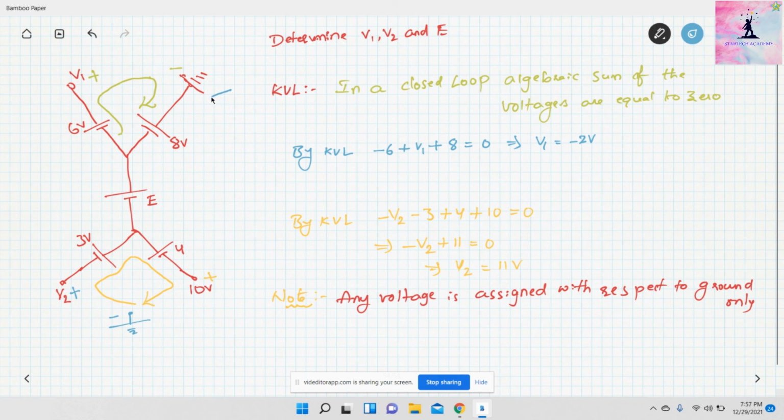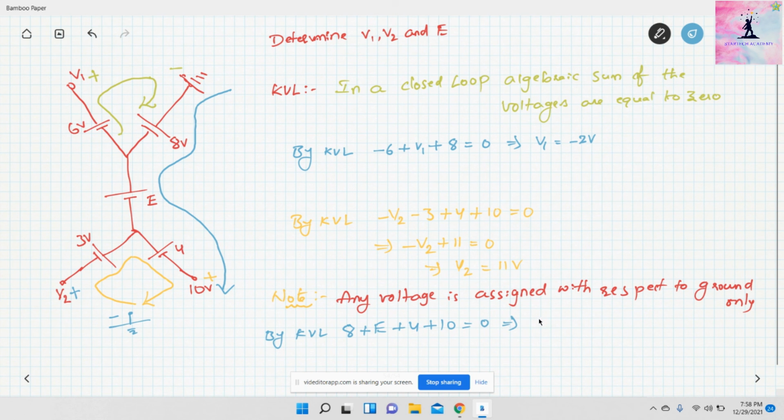Now see, the loop direction is in this direction. So in this direction, I am applying loop. So here by KVL, 8 plus E plus 4 plus 10 equal to 0.